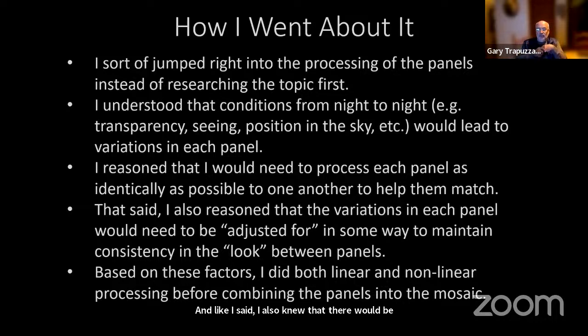So doing identical processing to me didn't seem like it would be the right thing to do, but getting it close to identical with some adjustments along the way to make sure the look stayed the same as I was progressing through the panels was what made sense to me. And based on this thinking, and somewhat naive in terms of how other people do this, I did both the linear and the nonlinear processing before combining the panels into a mosaic.